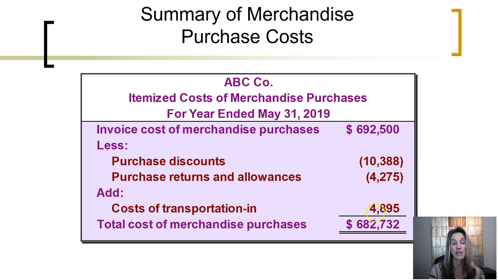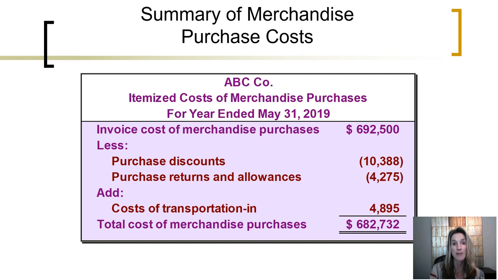So $4,895 would have been added to the inventory account as the transportation costs were paid. That means that the actual cost of inventory as recorded in the inventory asset account will be $682,732. Just remember, the inventory asset account needs to reflect the actual cost of the inventory.